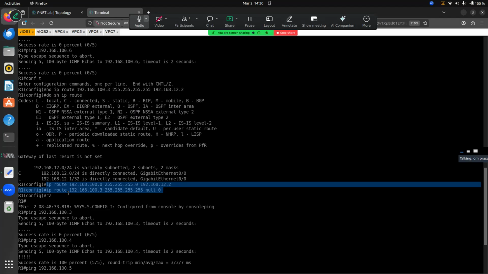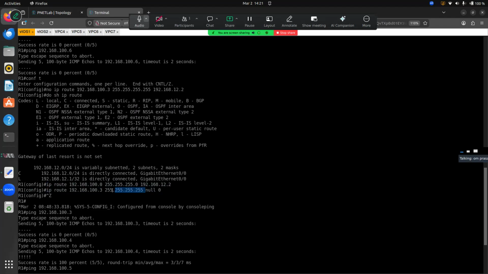Any scenario-based question will come, and you will give the answer if you are doing practical daily. If you are not, then you will be struggling while giving the answer in the interview. See, why is the second command preferred and why not the first? Because of prefix length. What is my highest prefix length? 32. And what is here? 24. That's why. Because of prefix length, as subnet mask. That is the reason. Got it now?